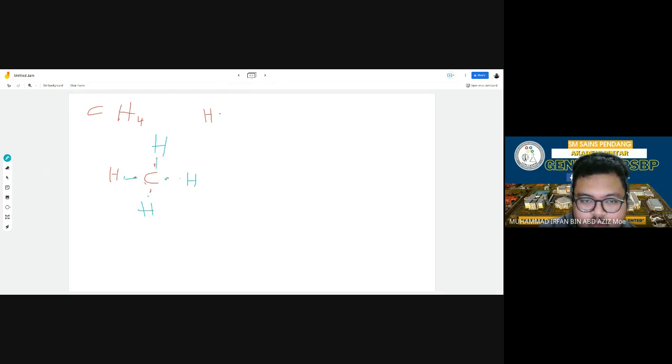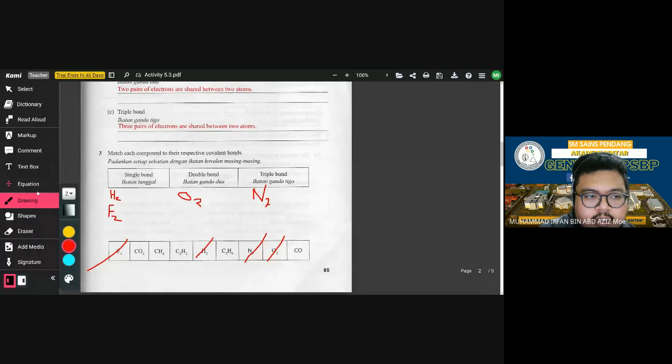So macam ni lah dia. CH4, semua adalah single bond, because they share only one pair of electrons. CH4 dah settle. Ada lagi CO2, C2H2, C2H6 dan CO. So, double bond next pula.